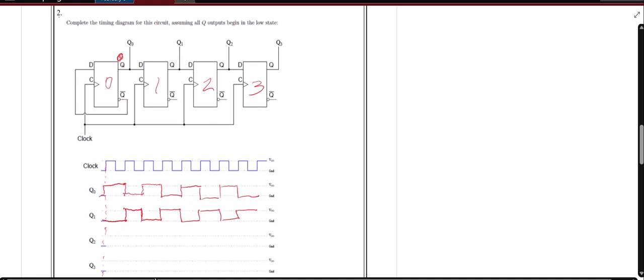Now, Q2 will be looking at Q1. So for the first clock cycle, it sees that Q1 is 0, so it stays 0. For the second clock cycle, it looks at what Q1 was before the clock changed. Before the clock changed, Q1 was 0, so it's going to stay 0.